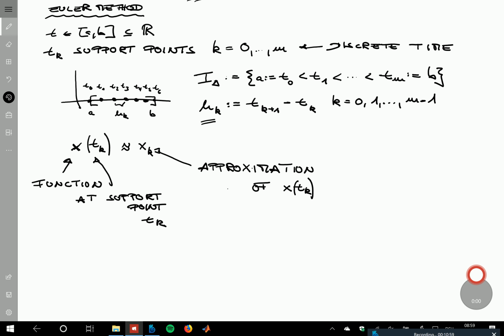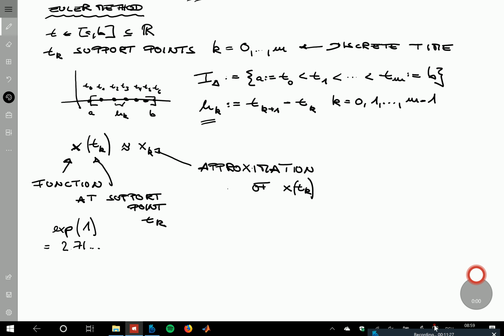So, for example, if our x, after all, is the exponential function, and one of our tks, so for example t5, is 1, then this value here would be x of 1. That would be exactly something like the Euler number.